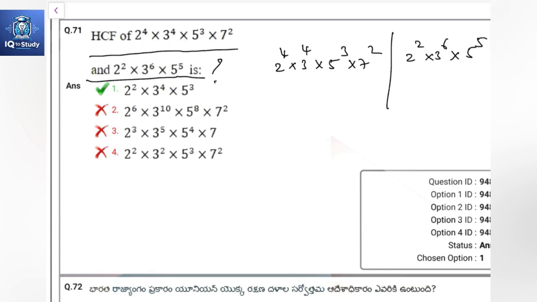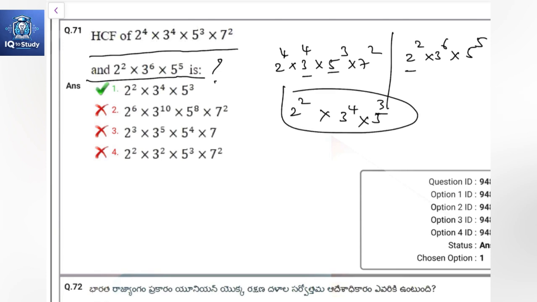If we calculate HCF of these two numbers, then we can see the highest common factors: 2^2 and 3^4 and 5^3. So the highest common factor is 2^2 × 3^4 × 5^3, which is common in both the numbers.